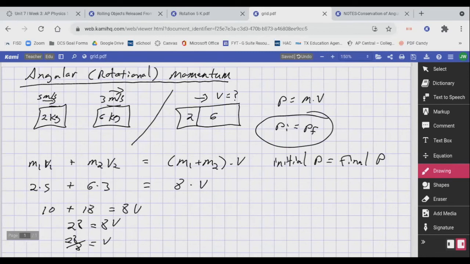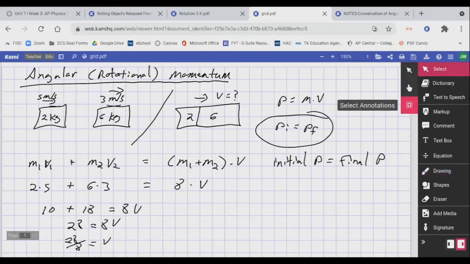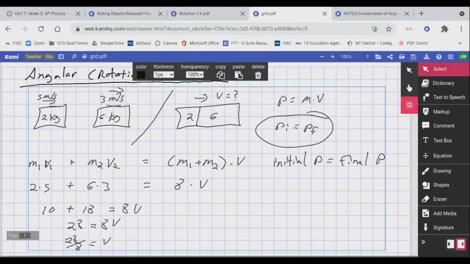And again, this is only supposed to be a reminder that the momentum before is equal to the momentum after. No reason to be overwhelmed by it, because I'll underwhelm you pretty quickly as far as angular momentum. So I'm just going to clear this out so we've got room to actually do angular momentum.